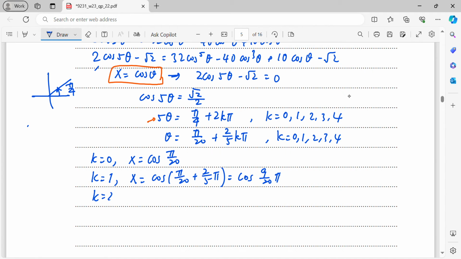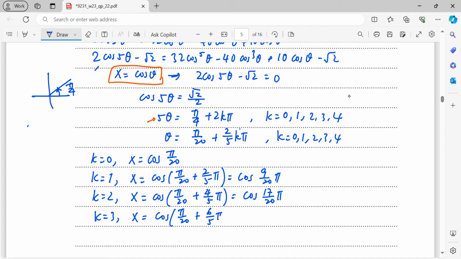When k equals 2, x is cos of pi over 20, replacing k by 2, so 2 over 5 times 2 pi, that will be 4 over 5 pi. And then this is going to be cos 17 over 20 pi. When k equals 3, your x is cos of pi over 20 plus 6 over 5 pi.